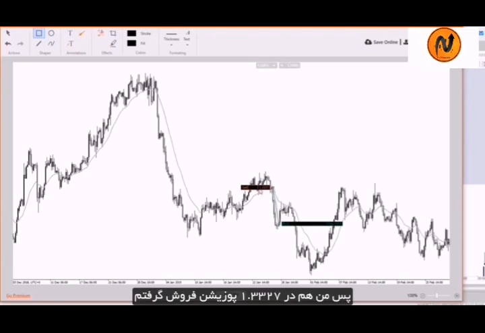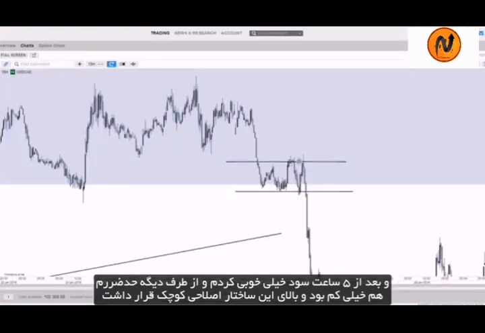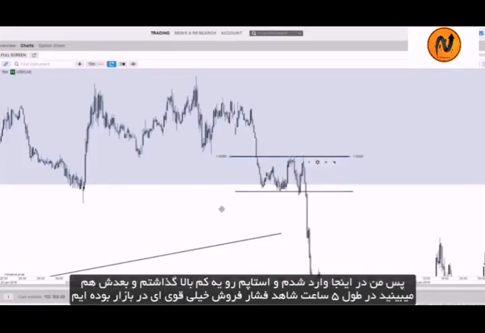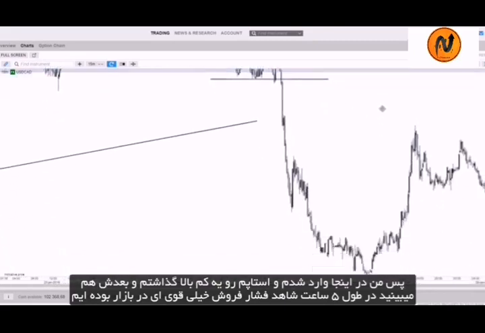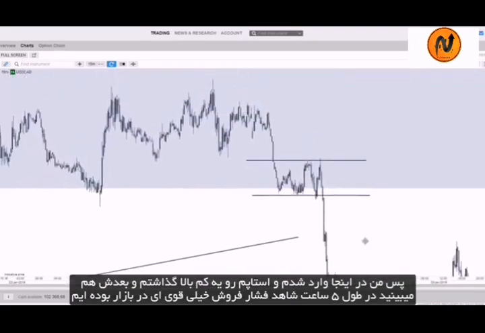I went short at 1.3327, and within 1, 2, 3, 4, 5 hours I made a lot of profit because I had a really tight stop above this corrective structure here. So I saw this corrective structure, I went short here at the top, had my stop above, and as you can see, really strong move down within the next 5 hours.